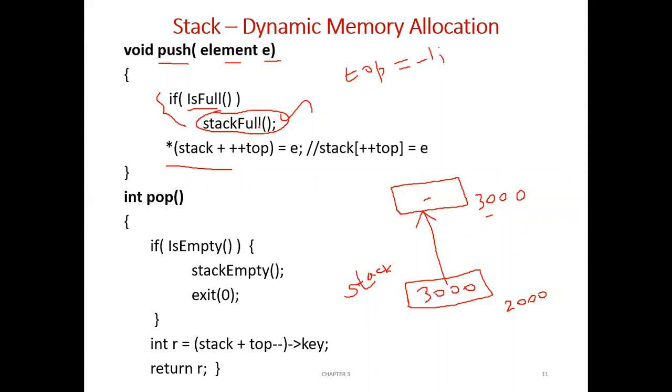So we are doing pre-increment, plus plus top. So when you do plus plus top, it becomes 0. Stack is 3000, so it is 3000 plus 0. 3000 plus 0 is nothing but 3000 because it is 0. So even if you apply the scale factor, nothing happens. Okay, so this gives 3000.